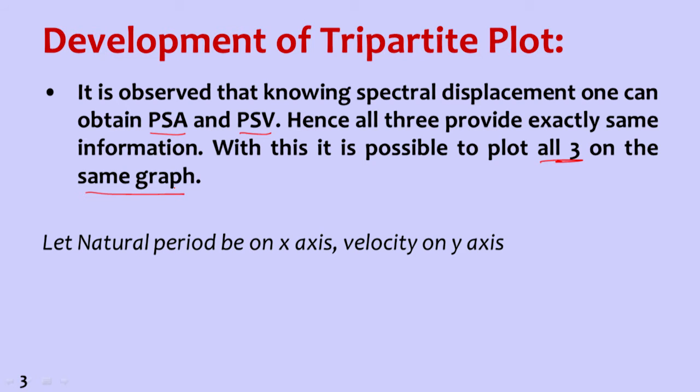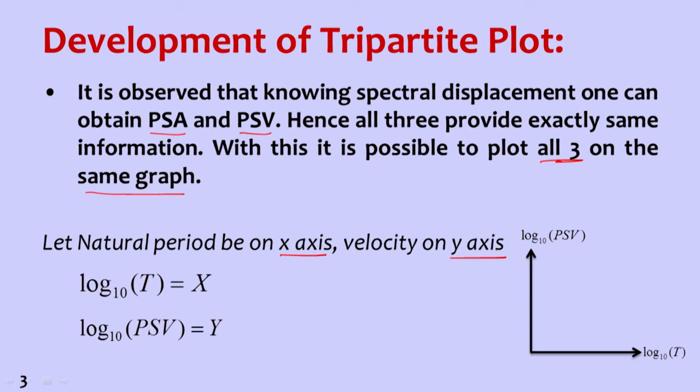Let the natural period be on the x-axis and velocity be on the y-axis. We plot on a log scale. So log of t, logarithm to the base 10, is the x-axis and log to the base 10 of PSV is on the y-axis.